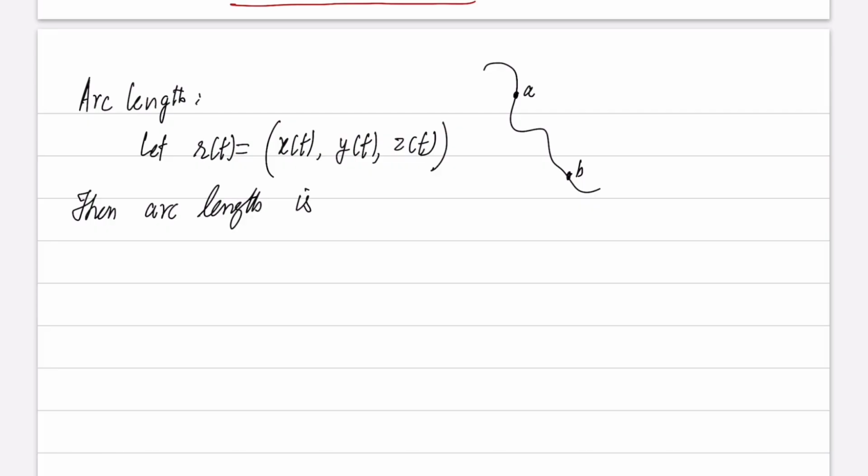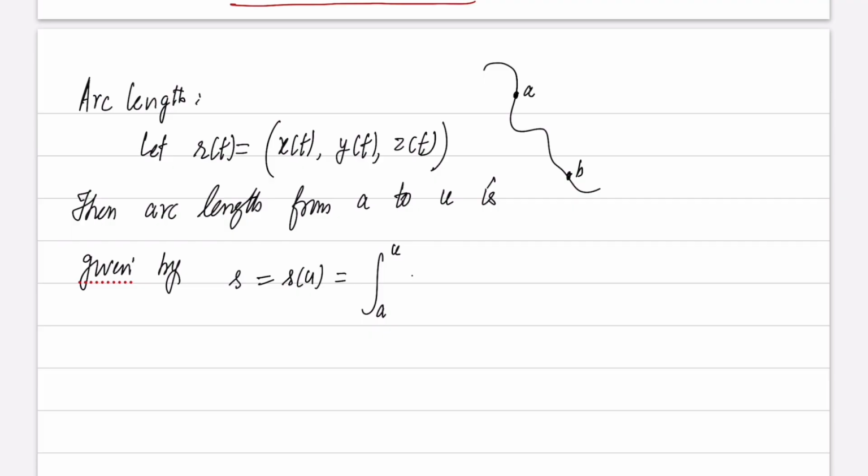Then the arc length from A to some point u, which we shall denote by s, a function of u, is the integral from A to u of the norm of r dot of t dt.